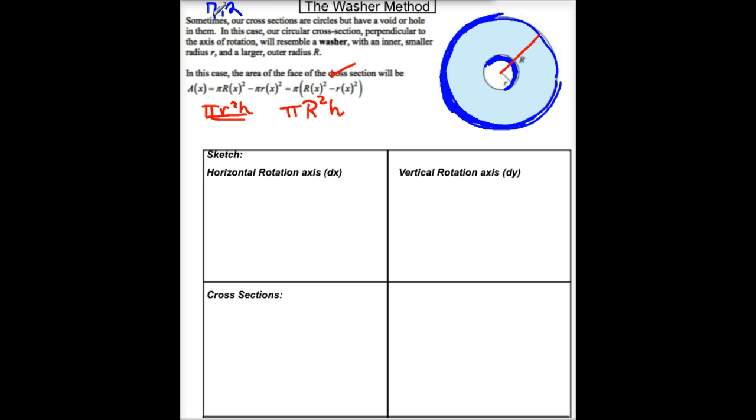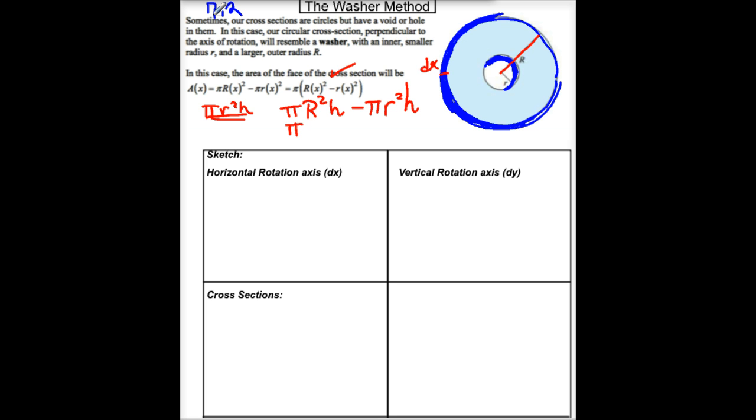That gives me the volume as if it were completely solid. But I'm going to drill that hole out by doing pi times the inner radius, which we call smaller r, squared, times the height. The difference in calculus is that this height approaches zero as we make an infinite amount of washers, and we call that dx.